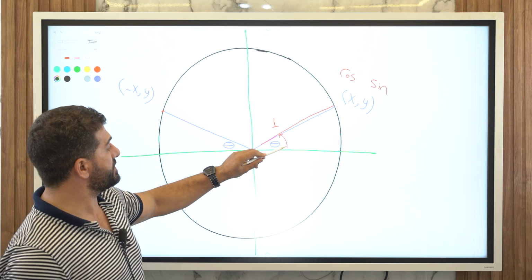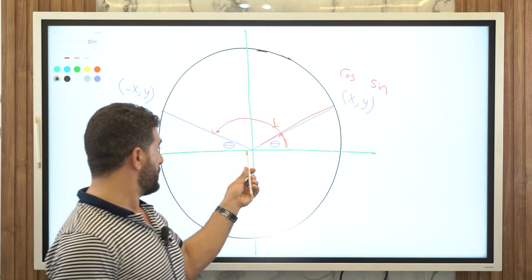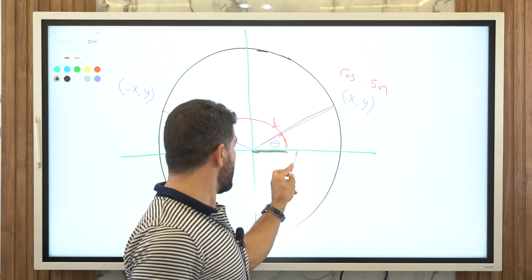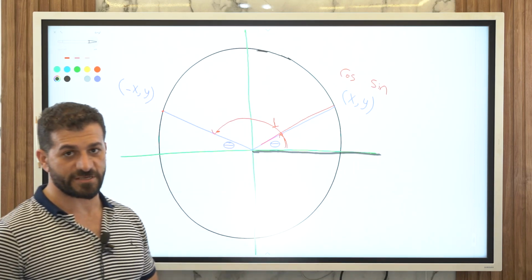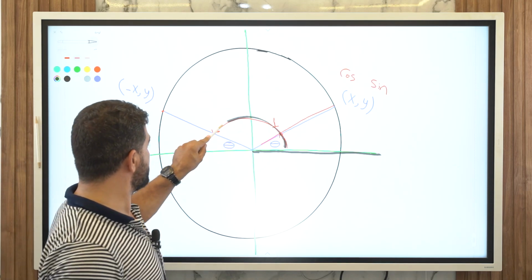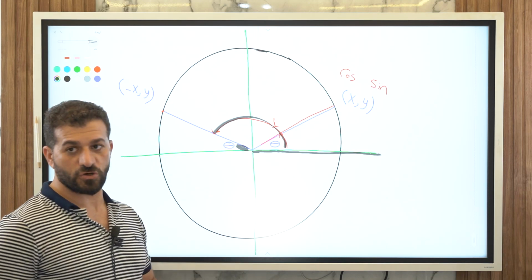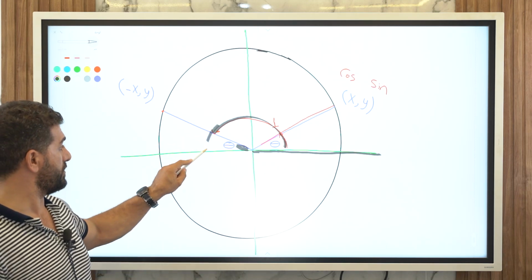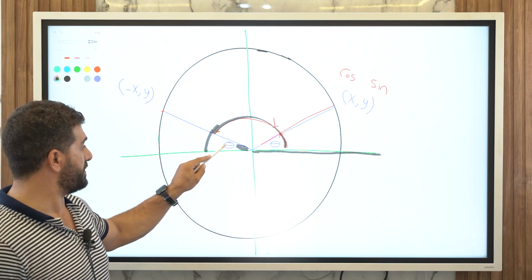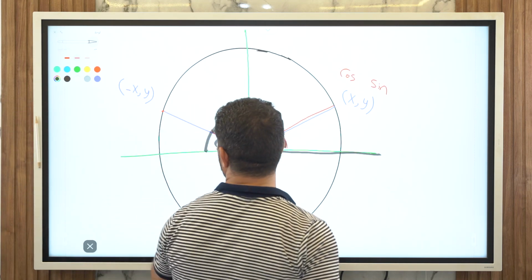This angle in its standard position is 180 minus theta, because we take the positive direction of the x-axis as the initial side, and here is the terminal side. This angle here is theta, so this angle is 180 minus theta.